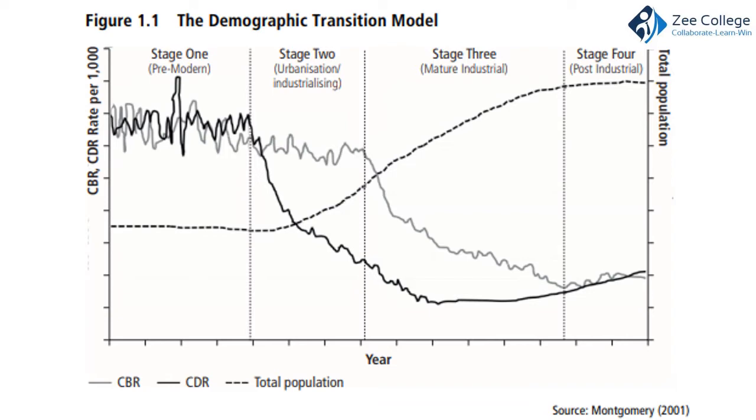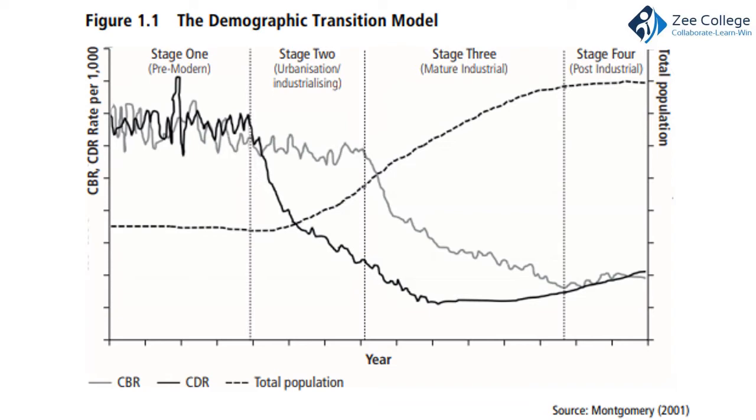Having observed changes in birth and death rates in industrialized societies, Thompson devised a simple but powerful theory. According to this theory, economic and social development have an impact both on mortality and fertility.